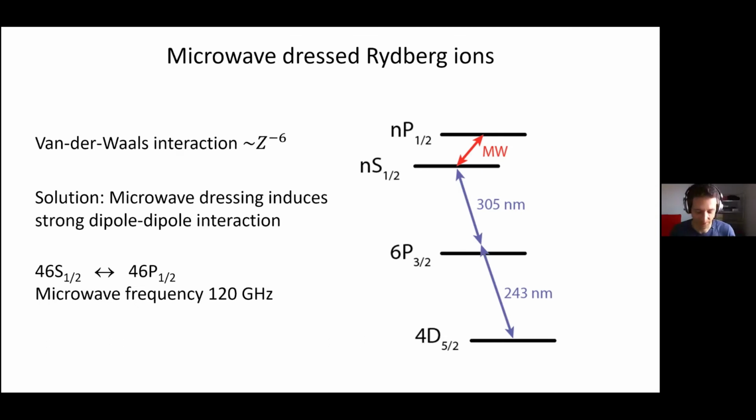On top of that, we go to the NS states and apply the microwave field to avoid any effects of the motion by going to the zero polarizability Rydberg states, at least for some of the experiments that I will show. On top of that, we can do ground state cooling as much as possible so that in our system the motional effects also become minimal.